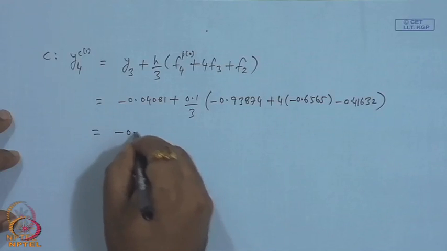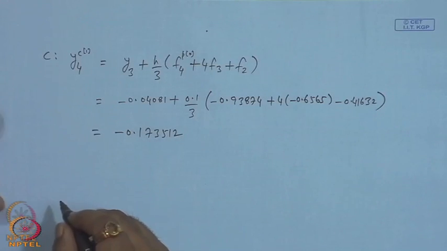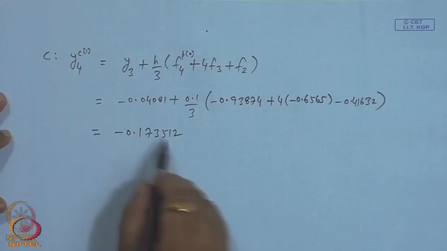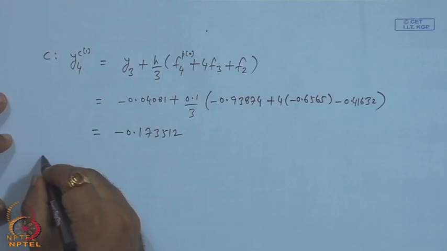So, this is corrected. So, now this is the corrected first iteration, right. Now, what we should do?